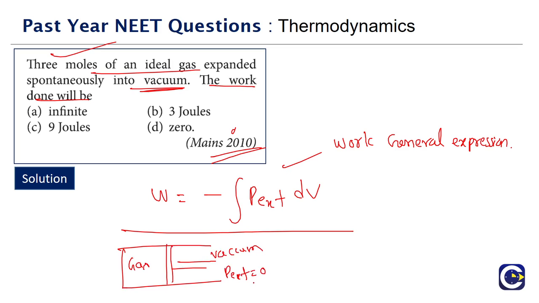It is 0. When we substitute P external as 0, what will the work be? 0. So when a gas is in free expansion, or an expansion in vacuum, in such situations the work will always be equal to 0.